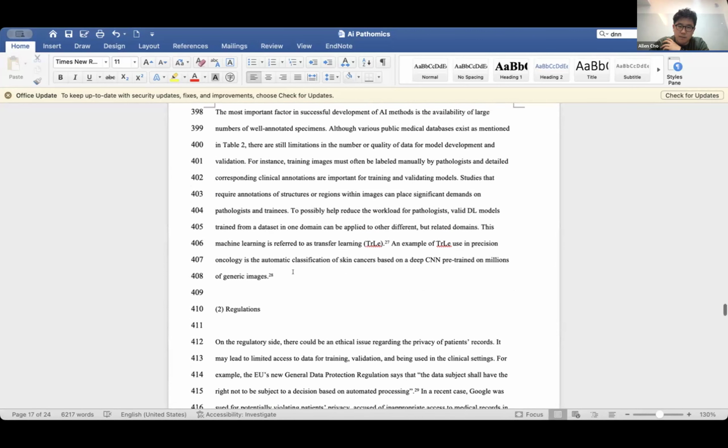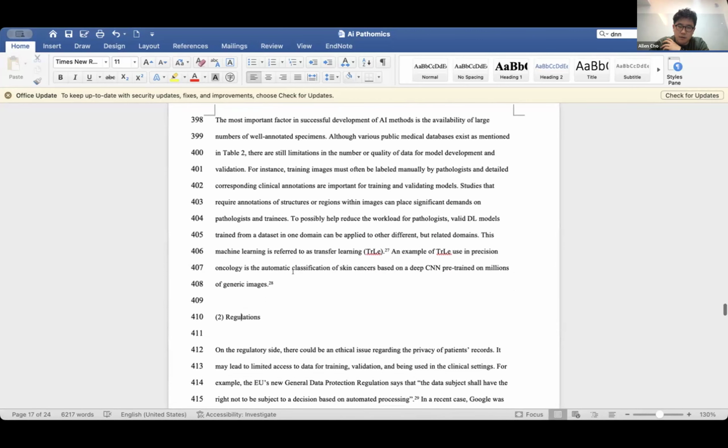I do think there are many AI models. There are so many companies, not just Lunit, but PathAI. There are many different companies. So make sure you cite all of those, not miss any single one.